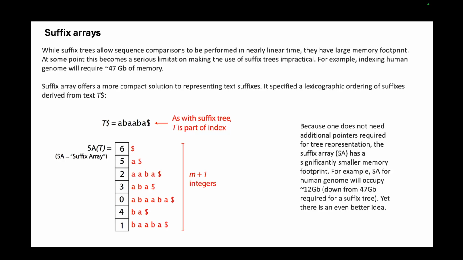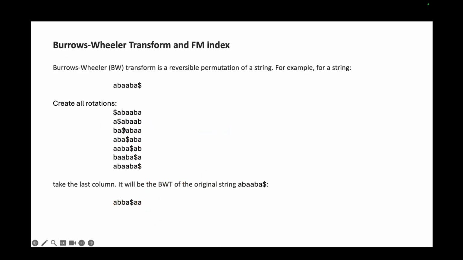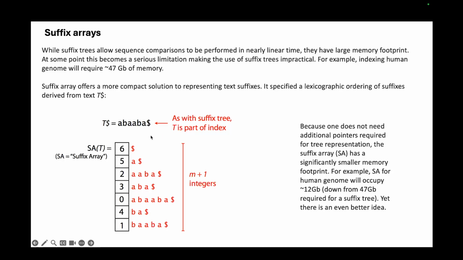So, one thing to remember here: if the length of your string is m, you will have m plus 1 elements in your suffix array. So your suffix array will have m plus 1 integers. It has to store them as integers.